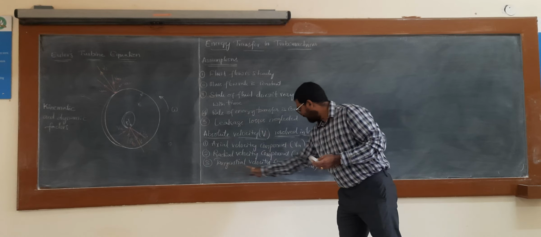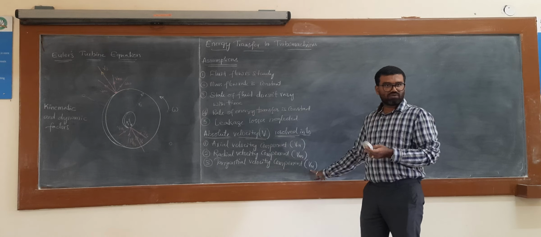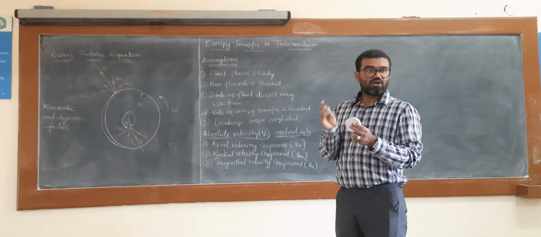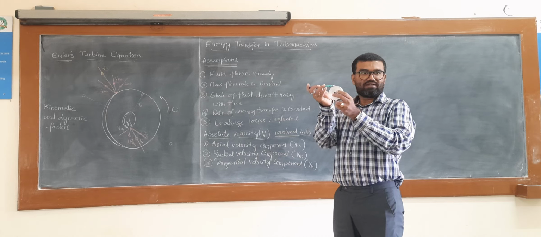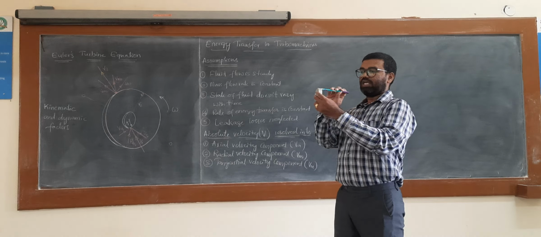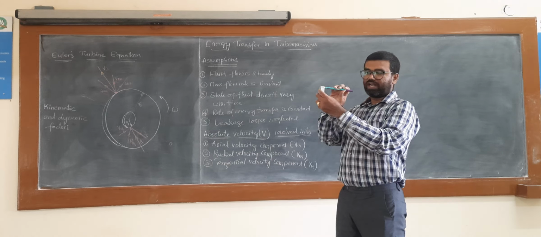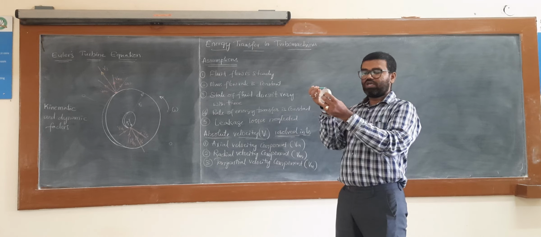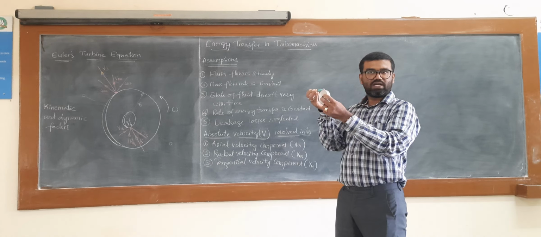One more, the tangential velocity component VU, which is resolved in the direction of tangent to the radius of the rotor, like this. These are the three directions of these velocity components, that is VA, axial velocity component, VM, radial velocity component, VU, tangential velocity component.